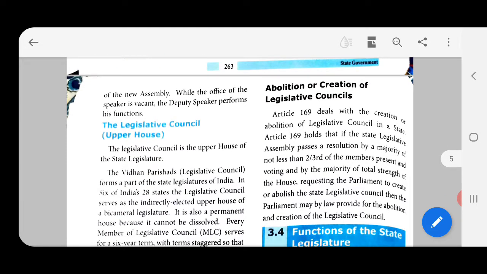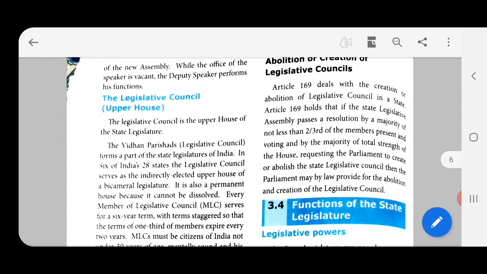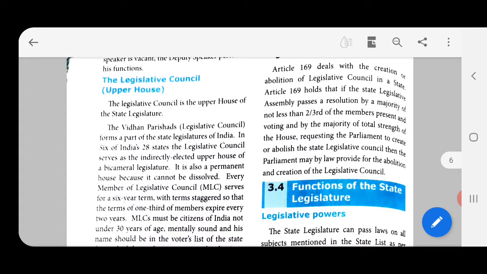Abolition or creation of legislative councils. Abolition is destroying. Article 169 deals with the creation or abolition of legislative council in a state. So, which article talks about creating the legislative council and dissolving the legislative council? It is article 169.